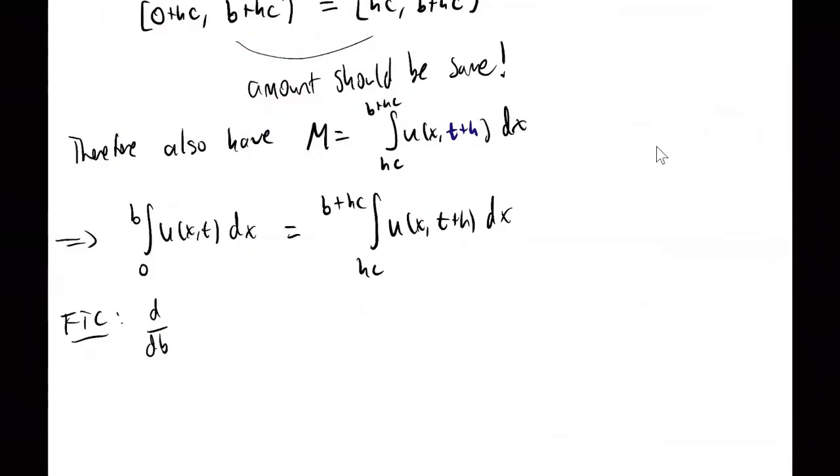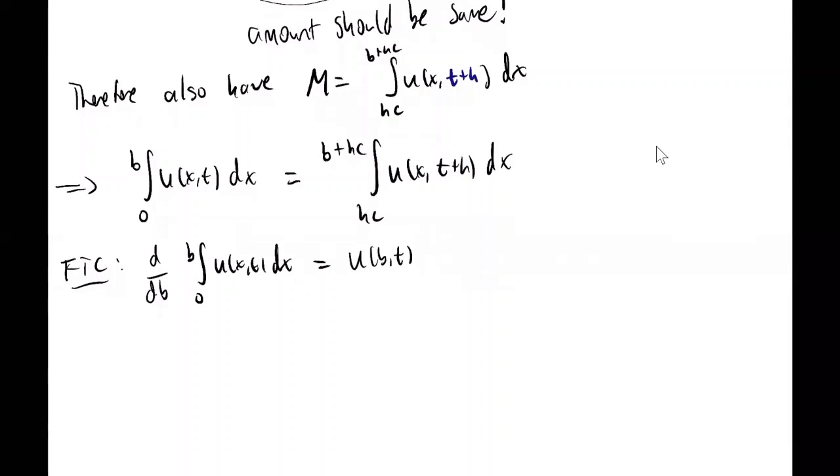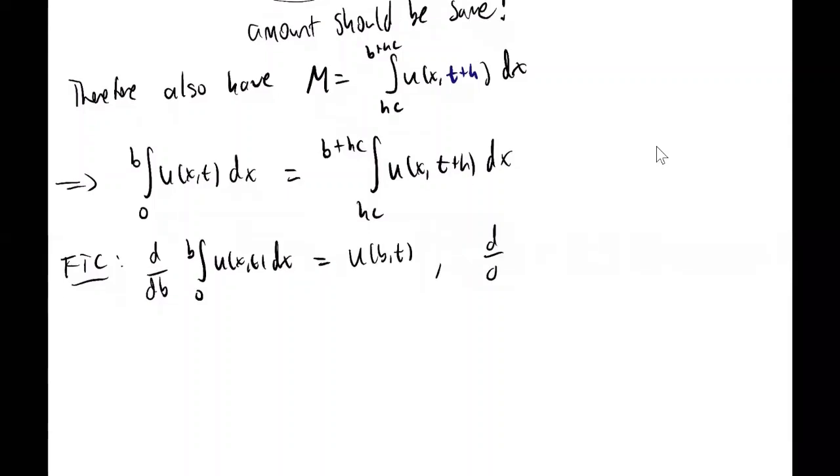So what does the fundamental theorem of calculus tell us? If I differentiate the left-hand side with respect to b, well, this just means I plug in b for x, so I get u of b, t. And similarly, if I differentiate the right-hand side with respect to b, I'm just going to plug in b plus hc.